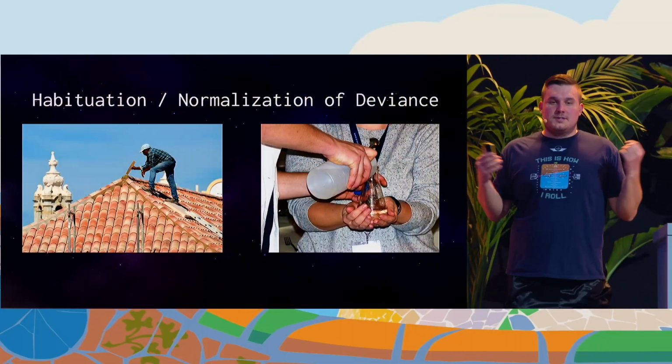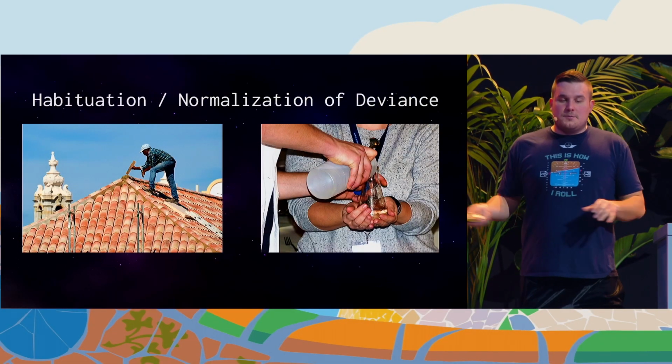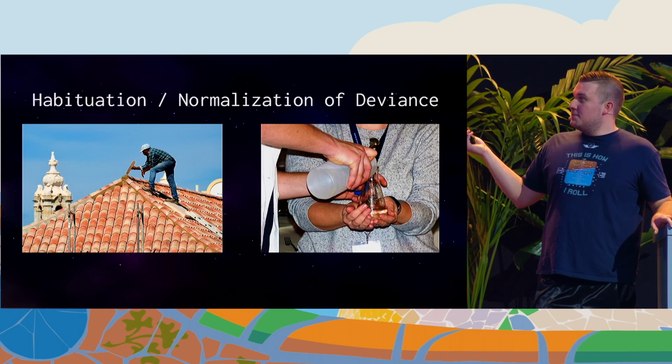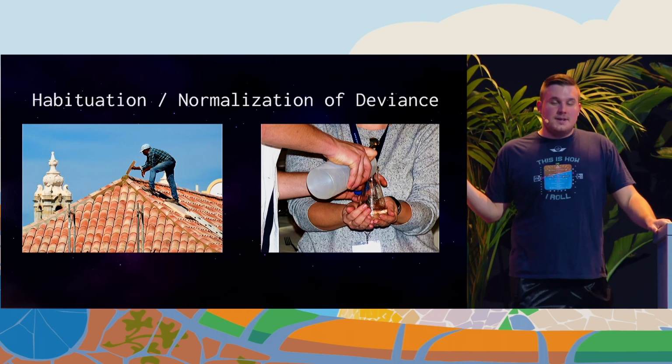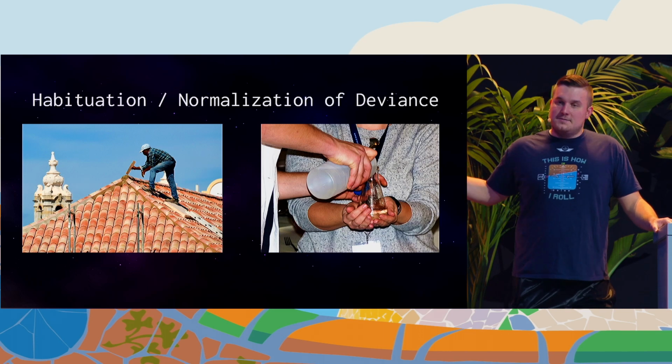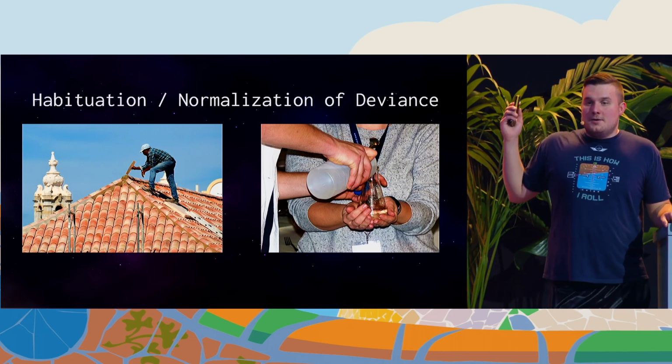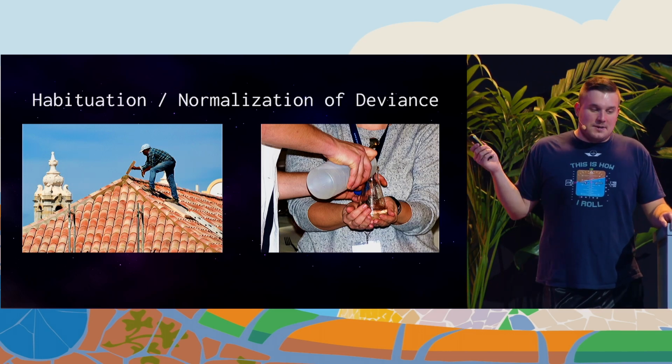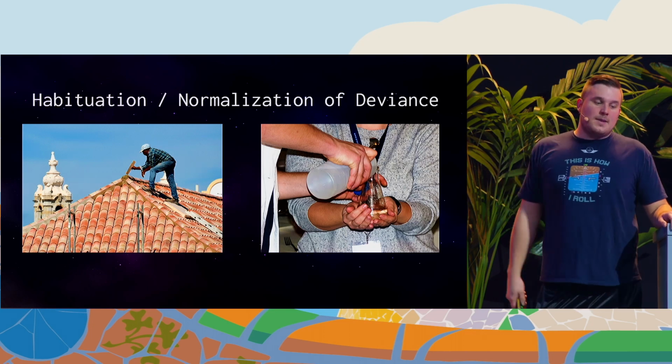Habituation, also known as normalization of deviance, is just the more you do dangerous stuff, the more it starts to feel safe. If you're working on a roof and you're used to working on roofs without a safety harness, it just becomes normal. You might do it hundreds of times, even thousands of times, until suddenly the one time where you really needed your safety harness and you don't have it.